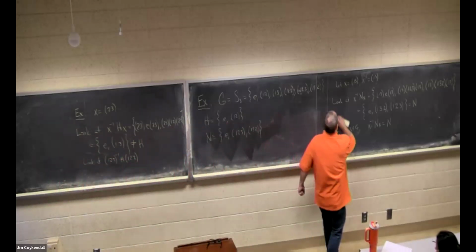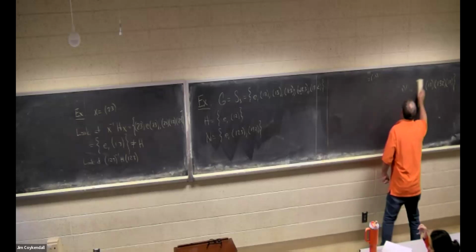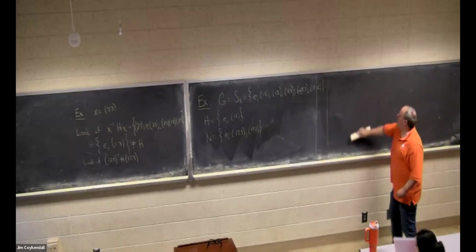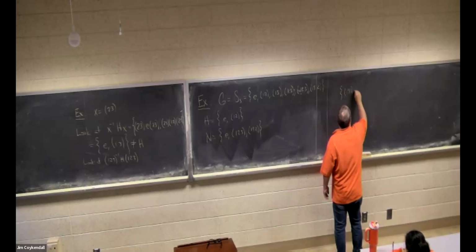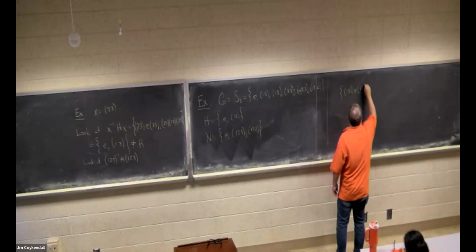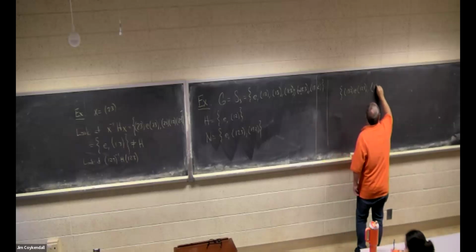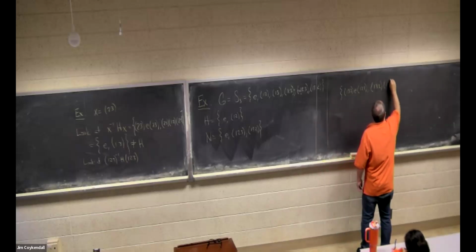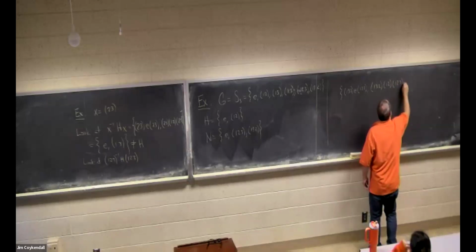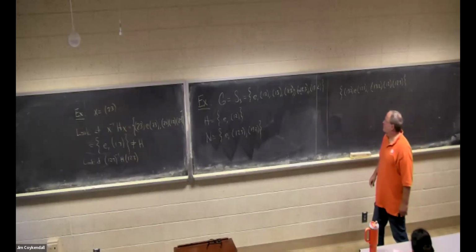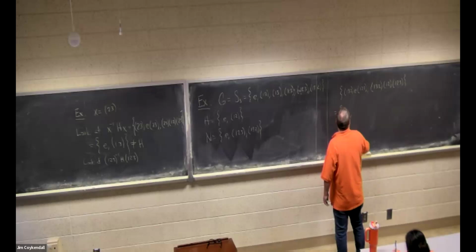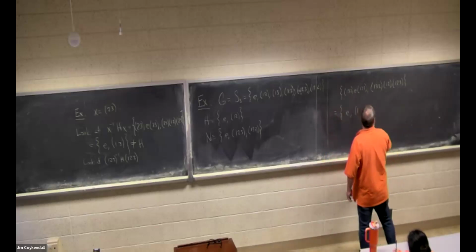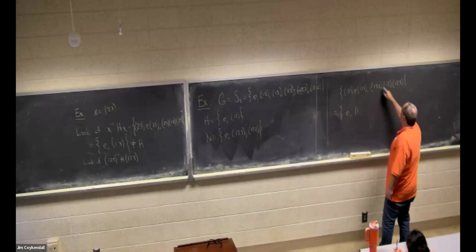We conjugate H by this other element, 1, 2, 3. This gives me one goes to two, one, three.